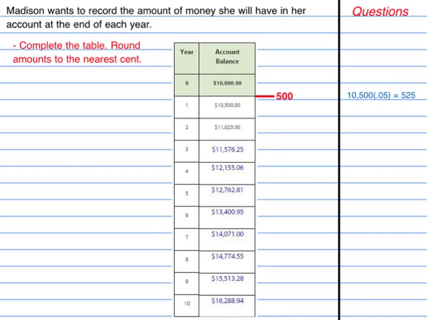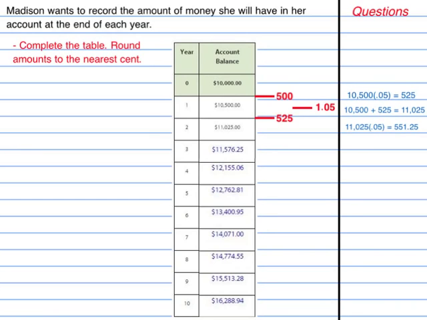So we're going to take the amount she has, $10,500, multiply it by the 5% again, and then the second year she's going to earn $525. So we're going to take that, add it to $10,500, and it gives me $11,025. We could take $11,025, multiply it by the 5%, and in the third year, she's going to earn $551.25 in interest.